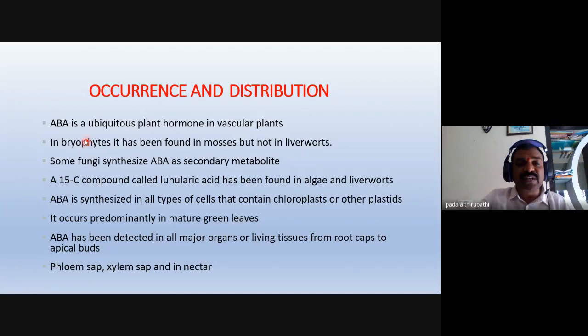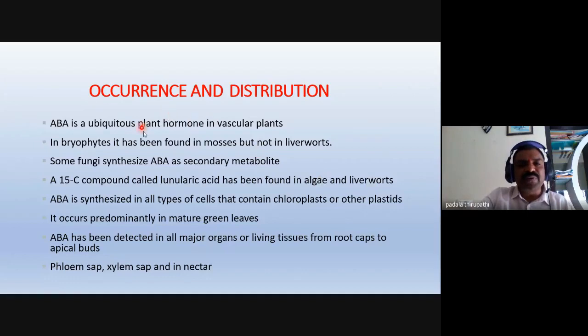Along with bryophyte mosses, some fungi synthesize ABA as a secondary metabolite. And a 15-carbon compound called lunularic acid has been found in algae and liverworts.